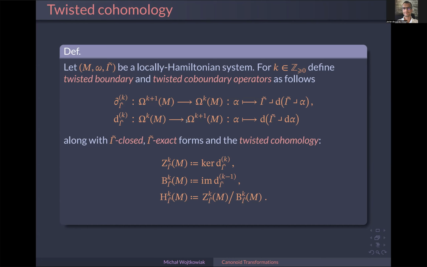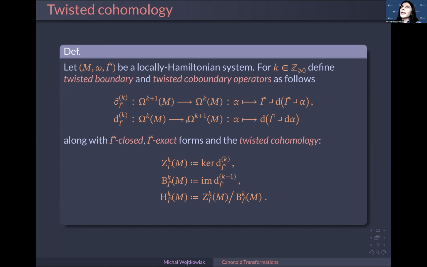Sorry, Michał, one question with these cohomologies, in particular with respect to the twisted. Do you know if there is any Poincaré lemma or something like that for the twisted? I mean, I believe if the cohomology vanishes, the intuition applies, so every closed form is exact.